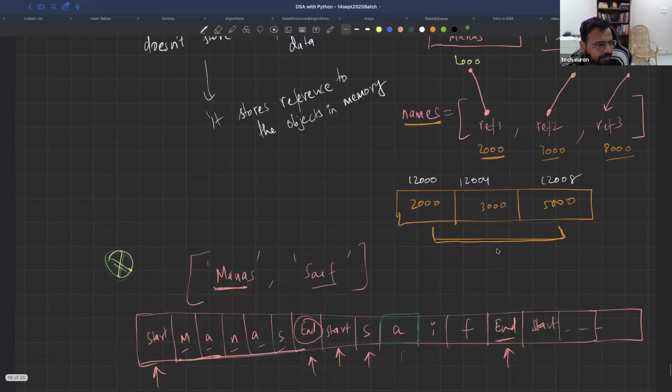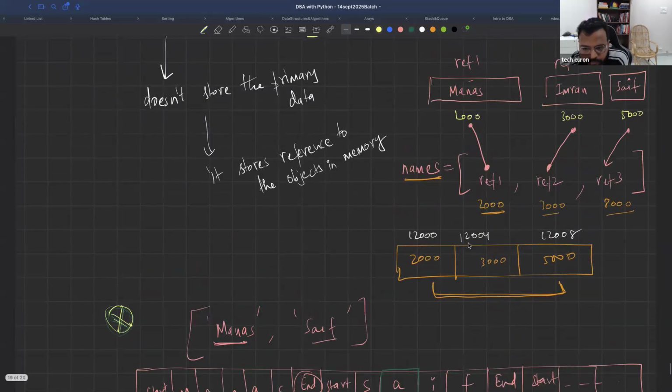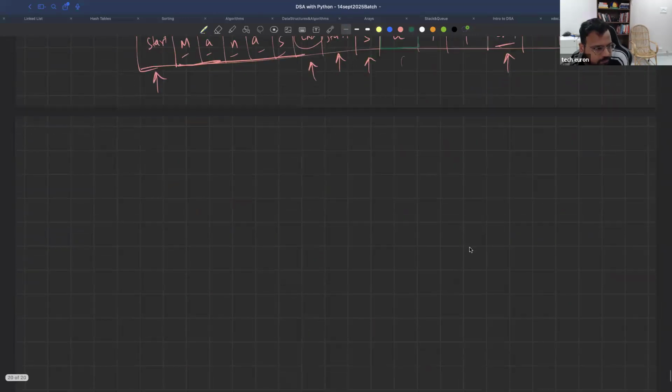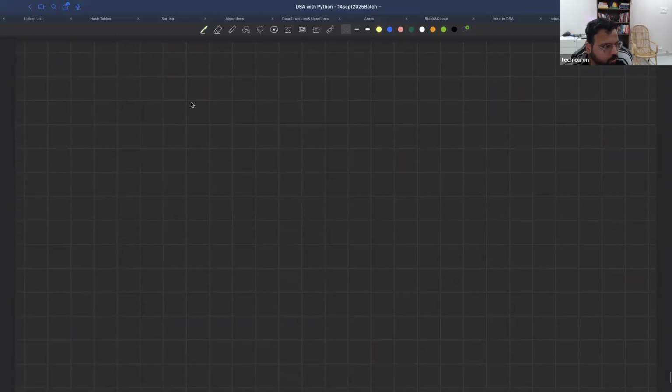What we have to understand is the referential array. Referential array, all of you understood. In compact array and referential array.